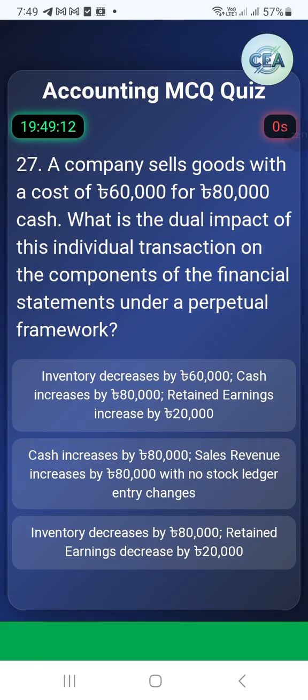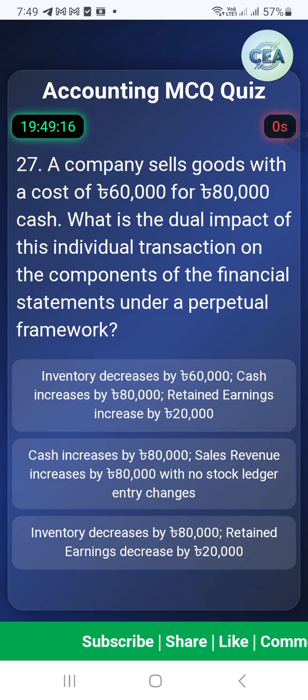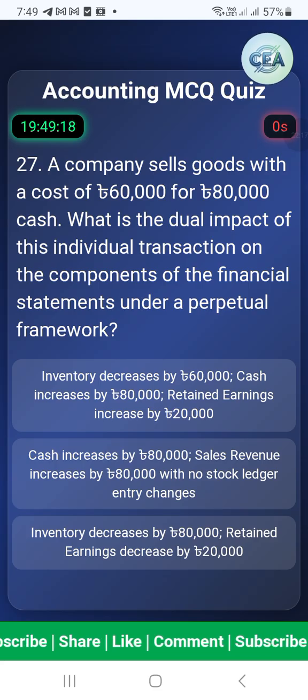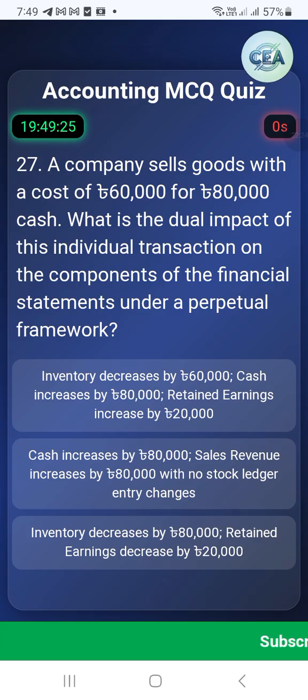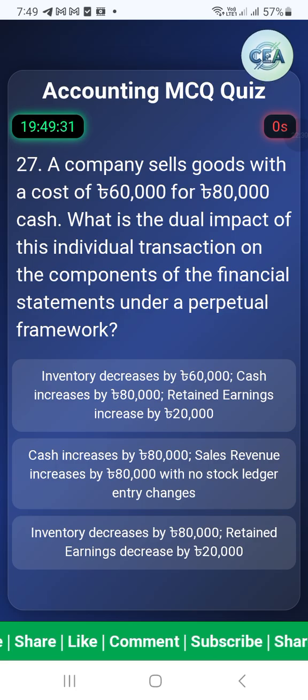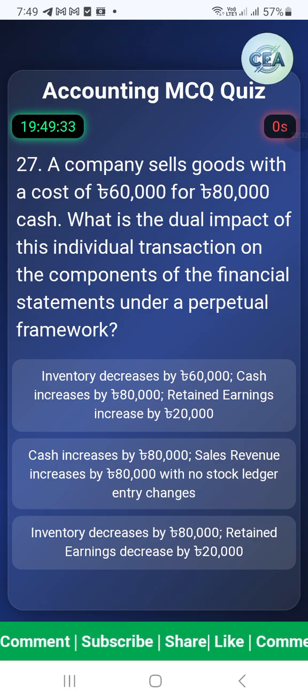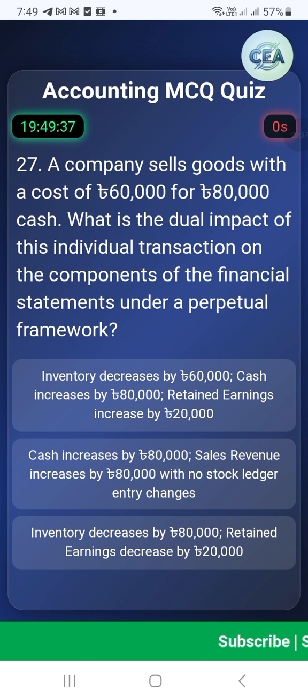27. A company sells goods with a cost of 60,000 takas for 80,000 takas cash. What is the dual impact of this individual transaction on the components of the financial statements under a perpetual framework? Option 1. Inventory decreases by 60,000 takas, cash increases by 80,000 takas, retained earnings increase by 20,000 takas.